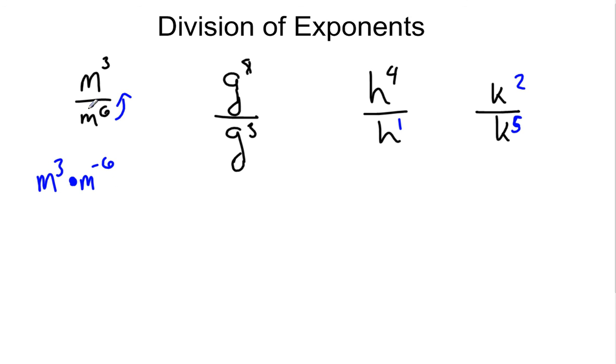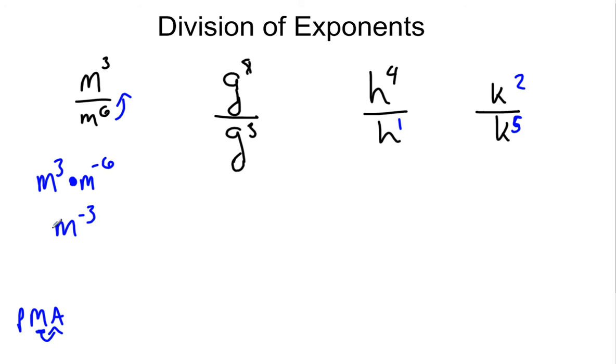When you move an exponent across a fraction bar, you change the sign of the exponent. And now, these two powers are being multiplied together. So the product of powers rule says, if they're being multiplied together, you add the exponents. 3 plus negative 6 is negative 3.